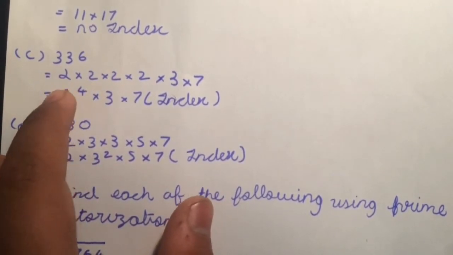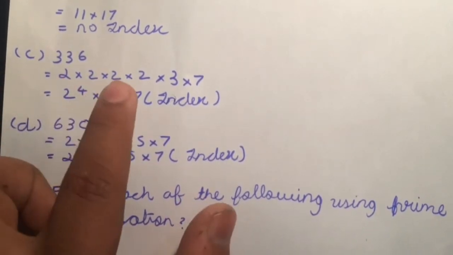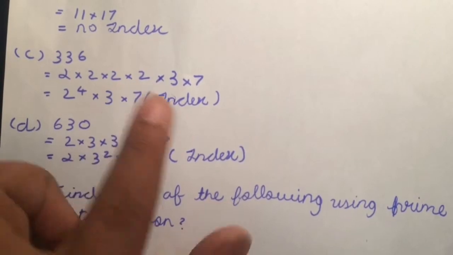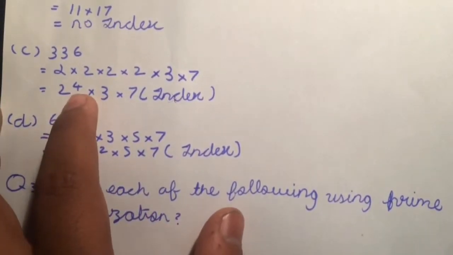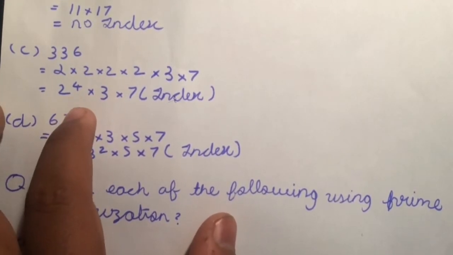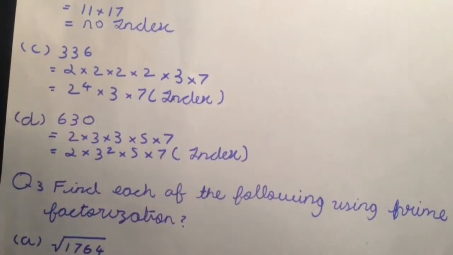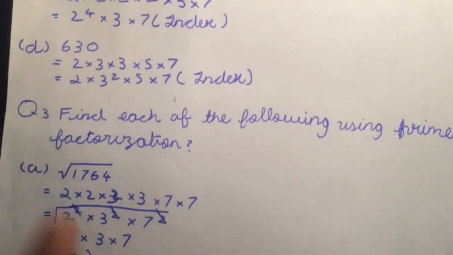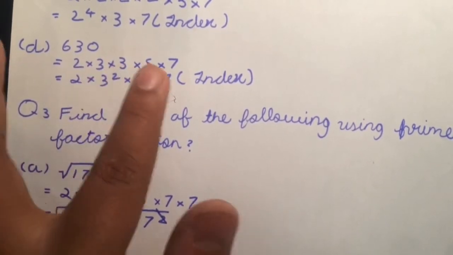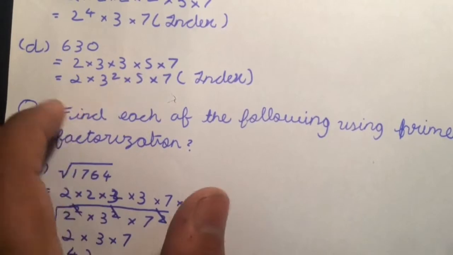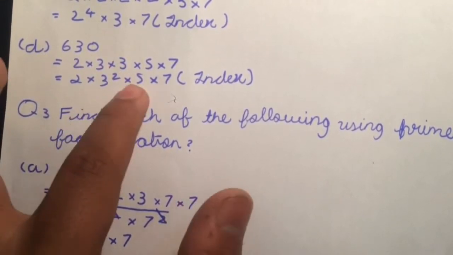There are factors 2 into 2 into 2 into 2, means 4 2's, into 3 into 7, so the 2 becomes 2 raised to the power 4, and 3 into 7 is its index form. Then it comes to D part, 630. Its factors are 2 into 3 into 3 into 5 into 7. So the index notation is 2 into 3 square, because these two 3's combine to form 3 square, into 5 into 7.